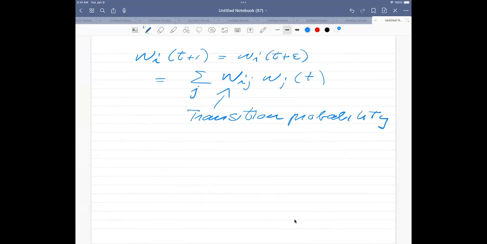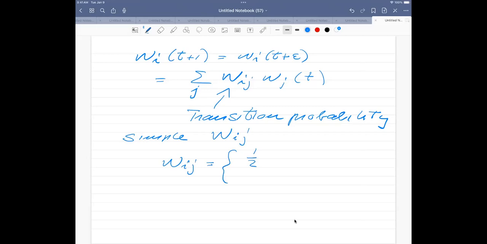Now, you can have a simple model. If you're thinking of a random walker, you could have a simple expression for that. That means that you know both W_j, the specific probability distribution, and the probability of making a jump. So a simple W_ij is given by the following expression. We could have this one equal to 1/2.